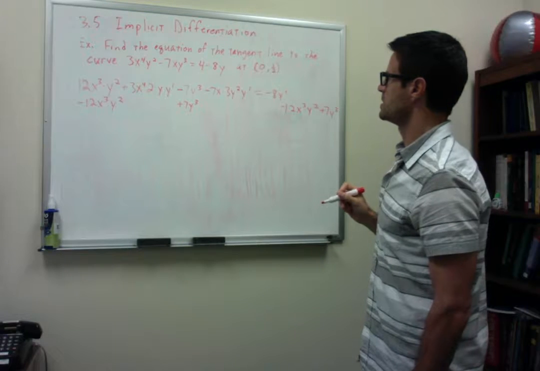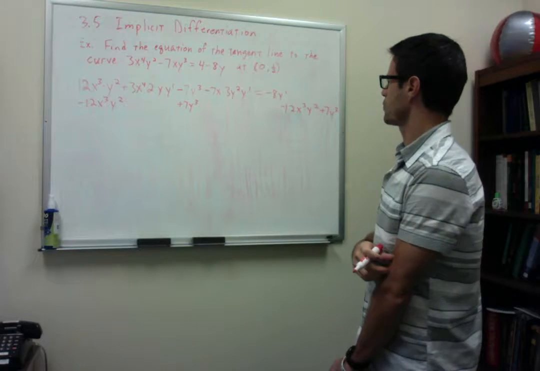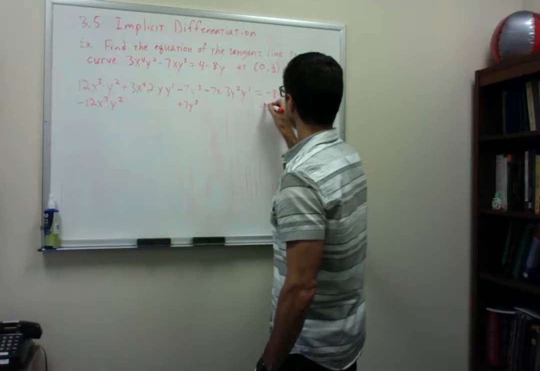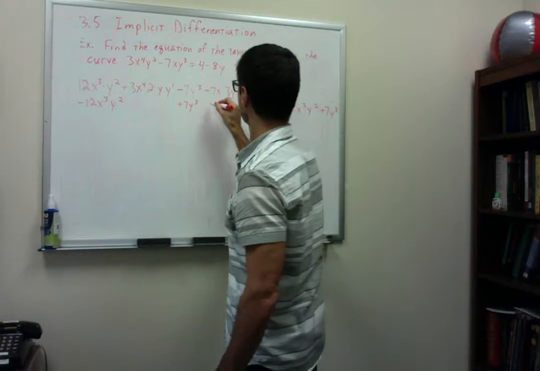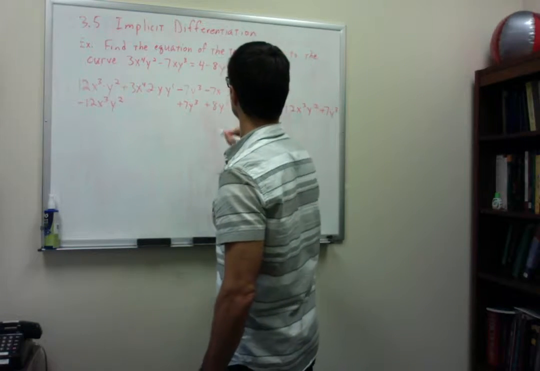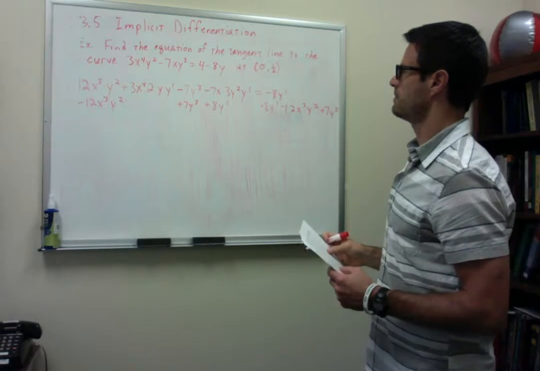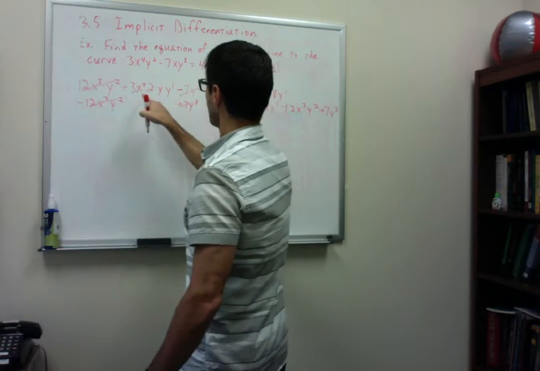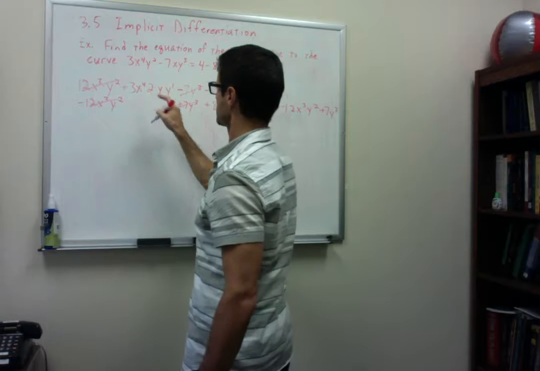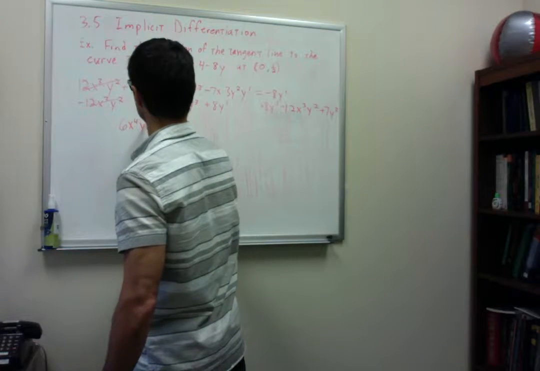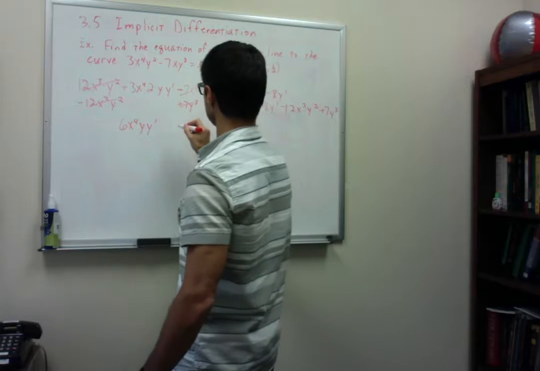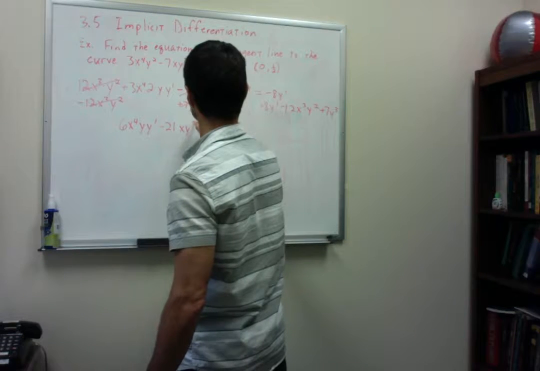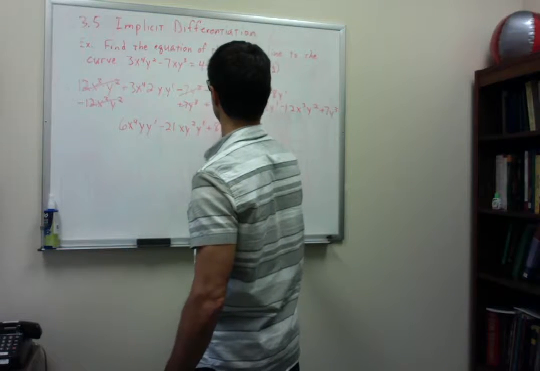I've moved non-y prime terms from the left to the right, but I have this y prime term on the right. I want to move it to the left, so I'm going to add 8y prime to both sides. I do that, cross those off, and if I simplify, I have 6x to the fourth y prime, minus 21xy squared y prime, plus 8y prime.